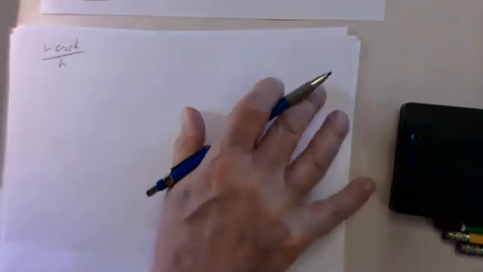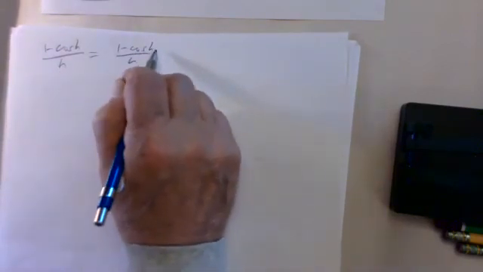So we're interested in 1 minus cosine h over h, right? And let me write this as 1 minus cosine h over h times 1. Is that okay?